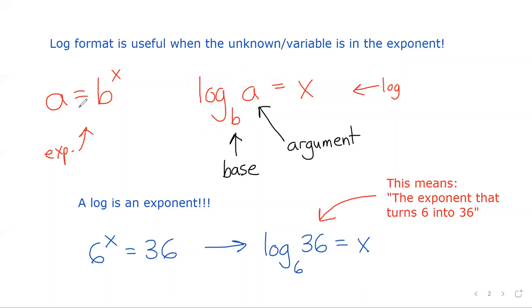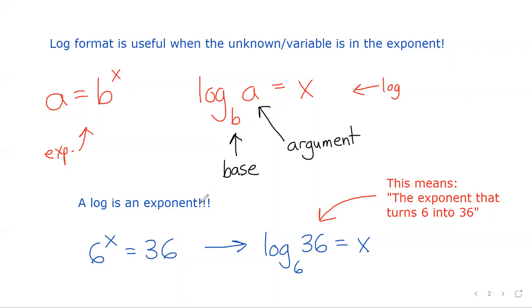So to convert back and forth between these formats, if we have, for example, this question we were just working on, 6 to the x equals 36, we would write log, the base, the thing that's being raised to a power, is 6, so log base 6. This thing that we might think of as the output has a name in log format. It's called the argument.